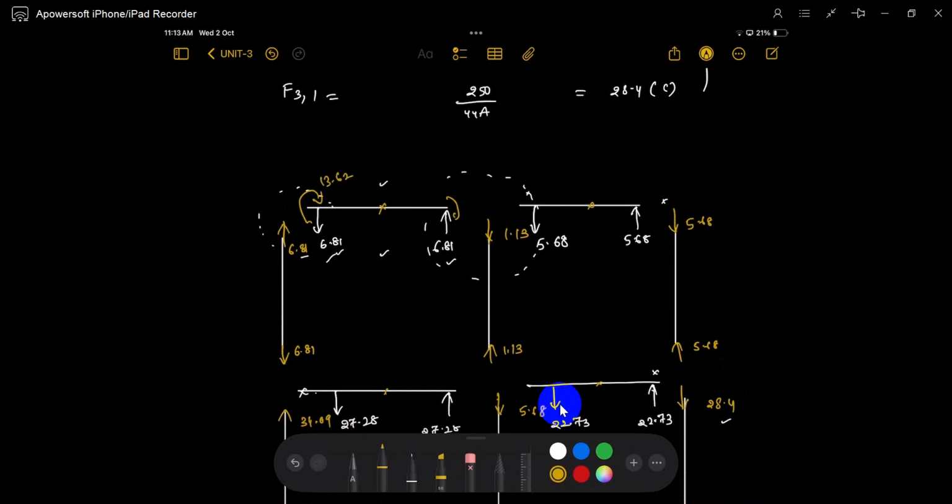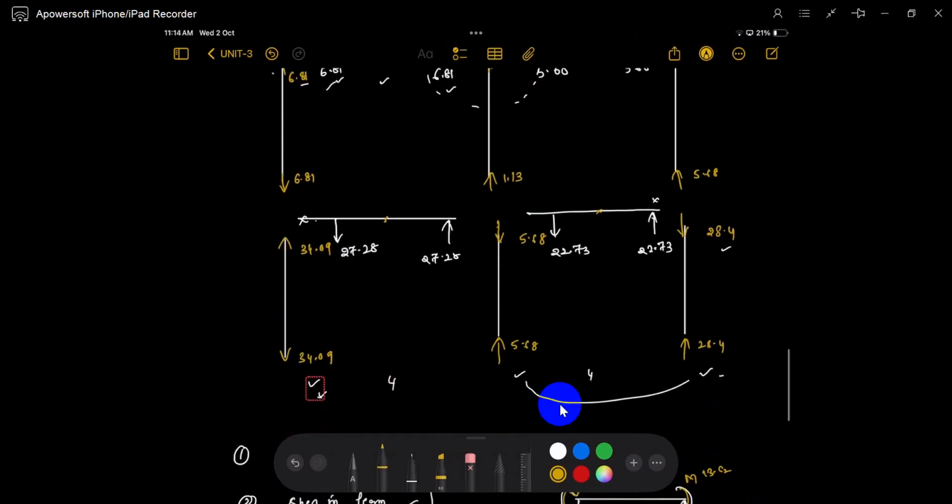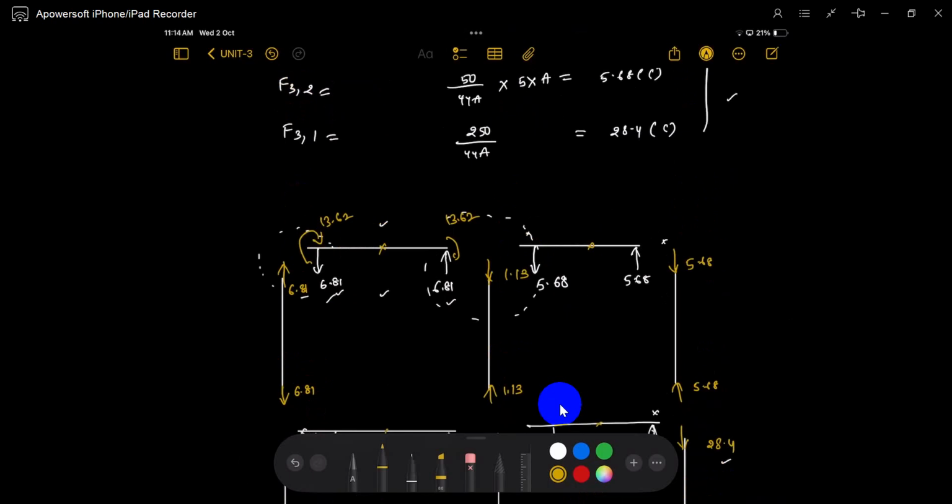I will write 13.62 here. 5.68 multiplied with distance 4, divided by 2, so 2 times 5.68 is 11.36.